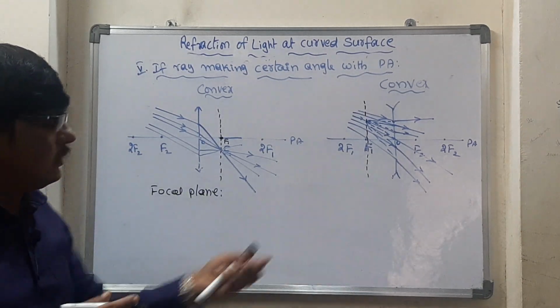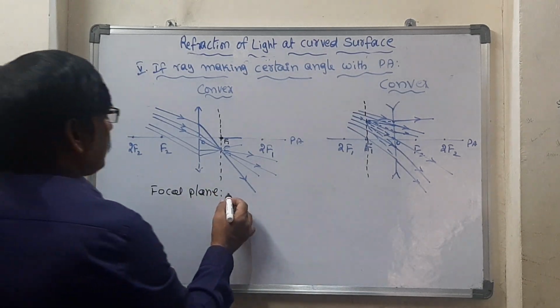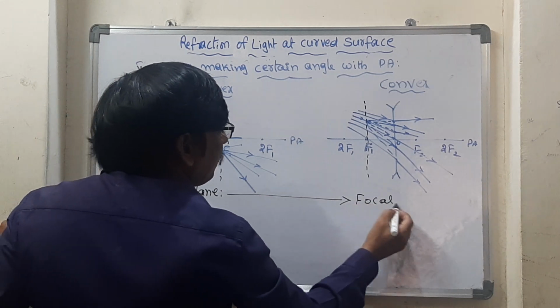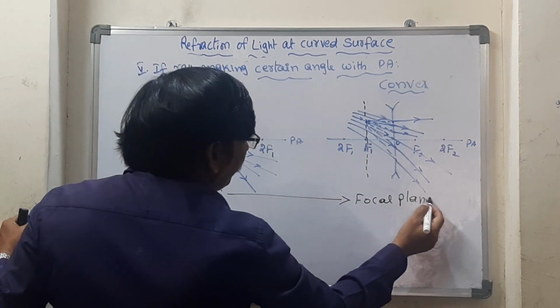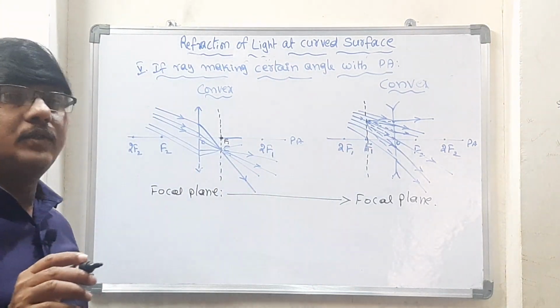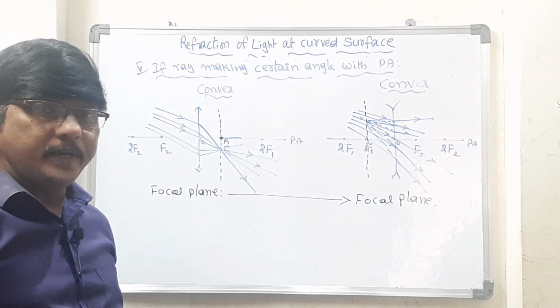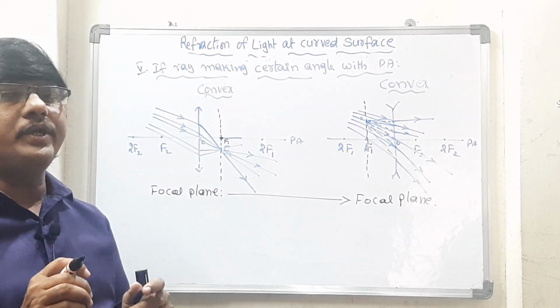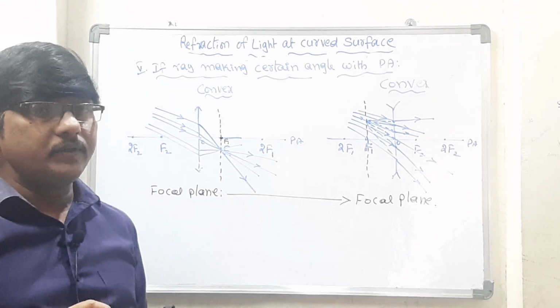What do we call this one? This one too we call a focal plane. So if a ray is making a certain angle with the principal axis, after refraction the rays meet at a focal plane. Did you get it?